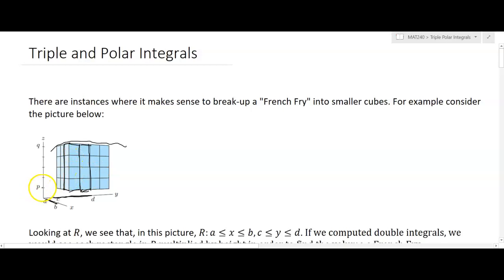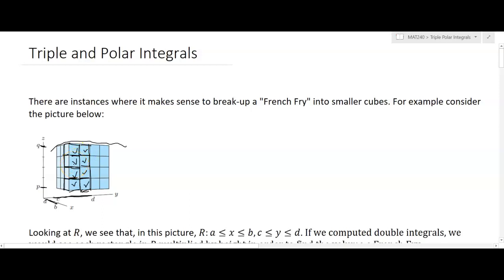But imagine that instead, we now want z to go from some starting value to some ending value. And so rather than take the volume of each one of these French fries, we'll find the volume of each one of these individual cubes. Basically we'll take a French fry, split it up into smaller cubes, find the volume of each one of those, and only then will we move on to the next French fry and again subdivide that into individual little tiny rectangular prisms.